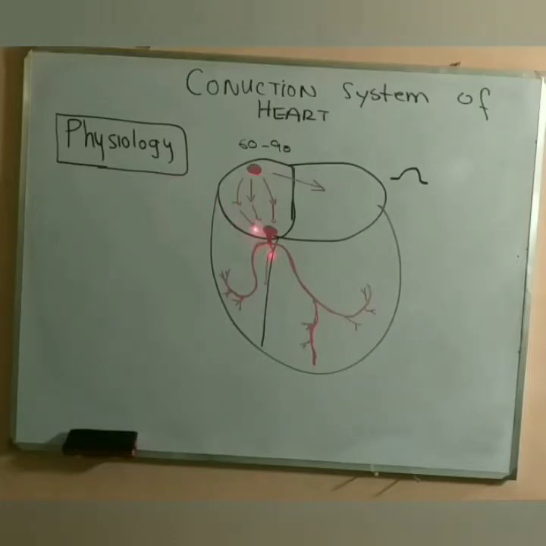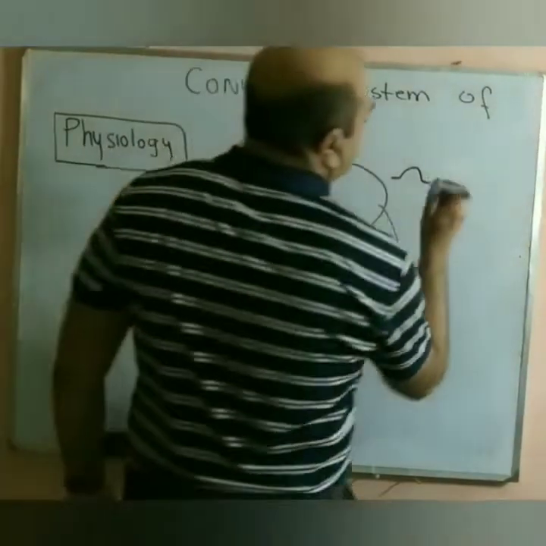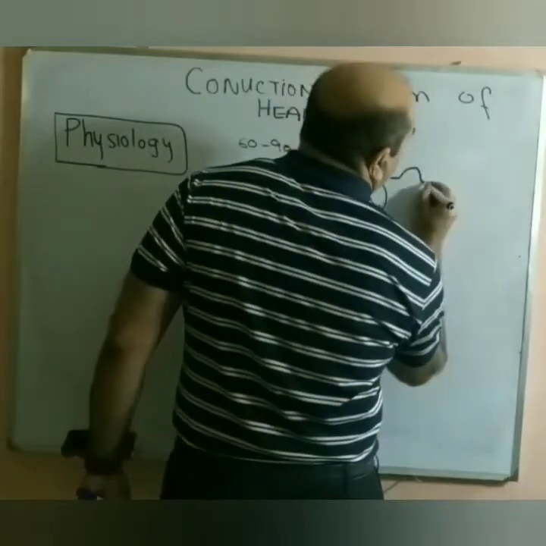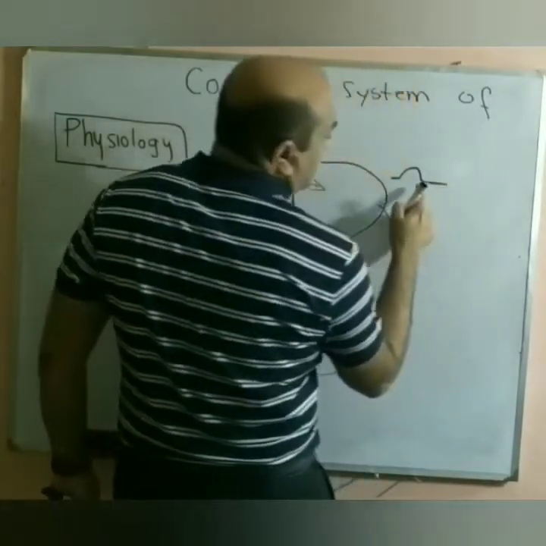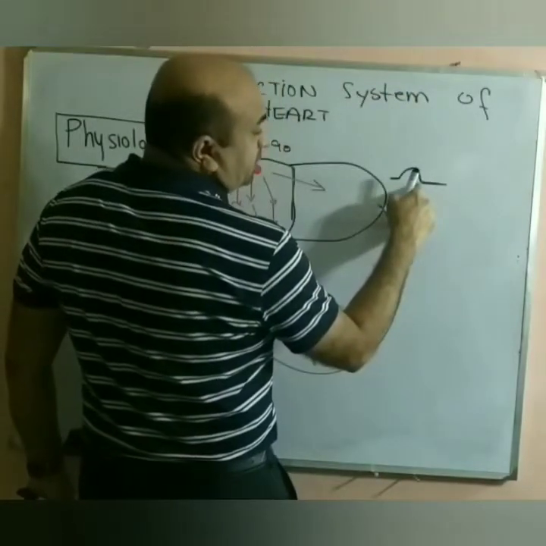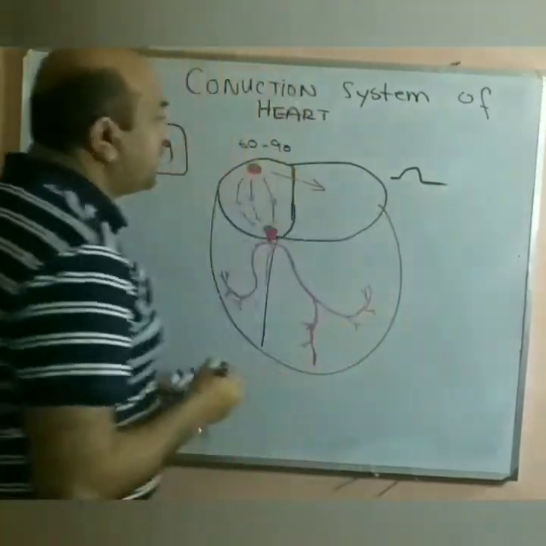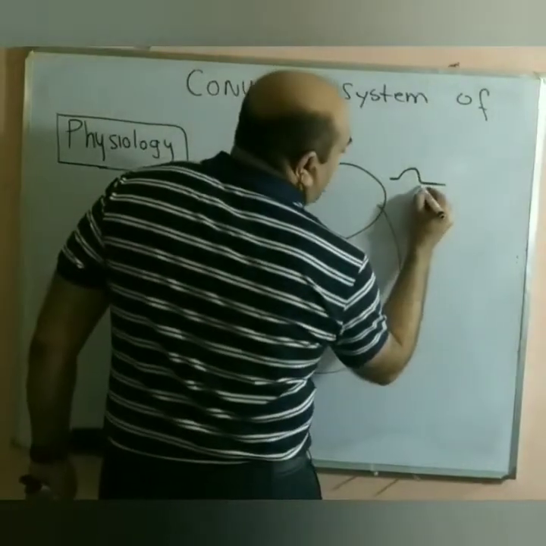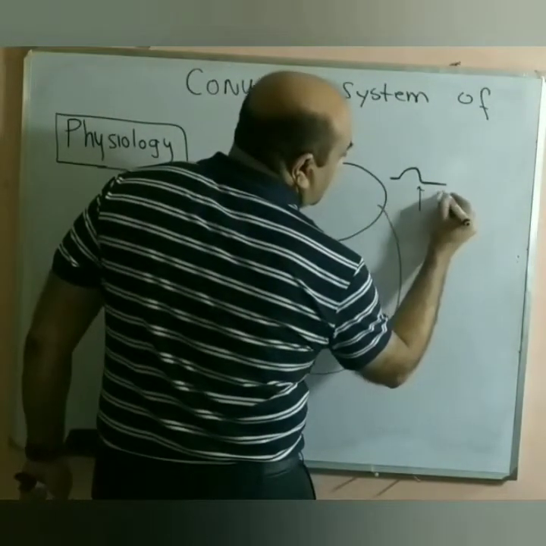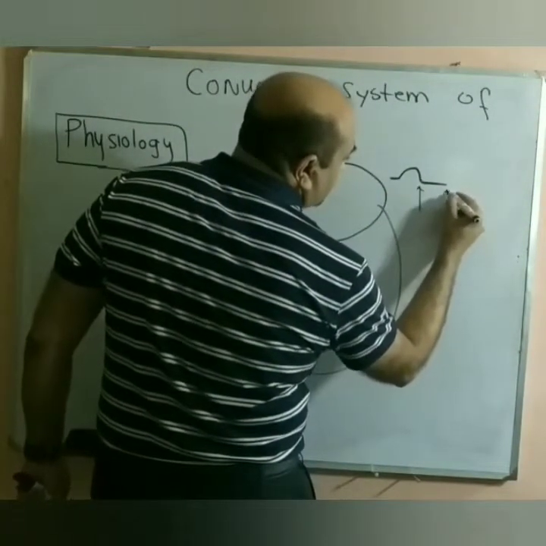This causes a delay which we see on the ECG paper as the PR segment. The PR segment is the part of the ECG which starts from the end of the P wave to the start of the QRS complex.